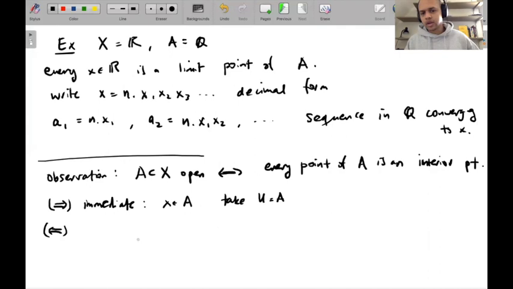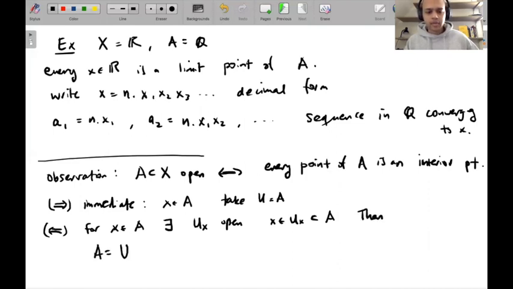On the other hand, if every point is an interior point, then for x in A, there exists some U_x open where x is in U_x, which is in A. And then A is the union of all of these, and these are open, and unions of open sets are open.